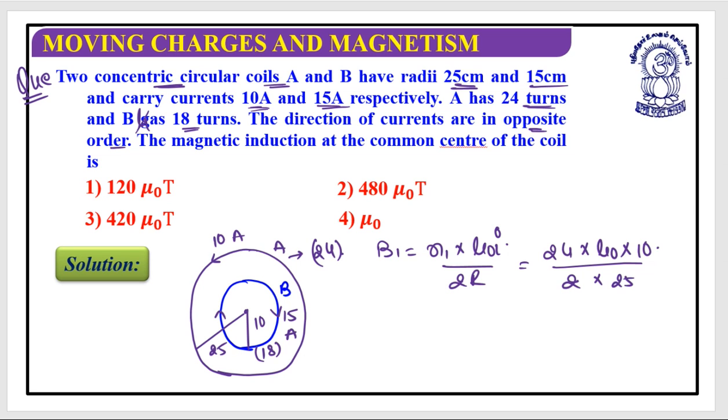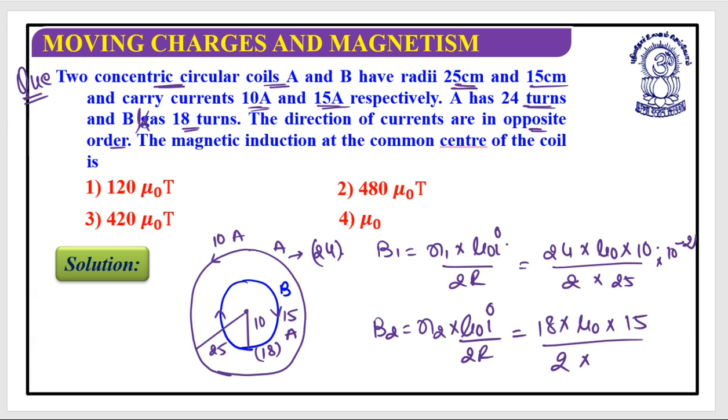So this is 2 into 25 into 10 to the power minus 2. Now B2 is N2 multiplied by mu naught I divided by 2R. N2 is 18 turns multiplied by mu naught multiplied by current 15 ampere divided by 2 into radius, 15 centimeter into 10 to the power minus 2. I hope this is clear.